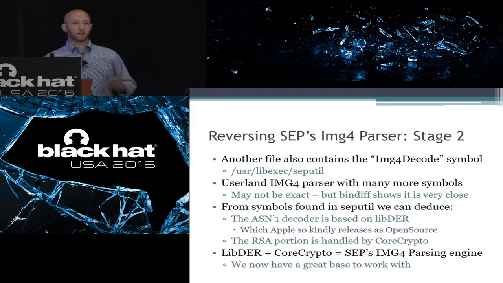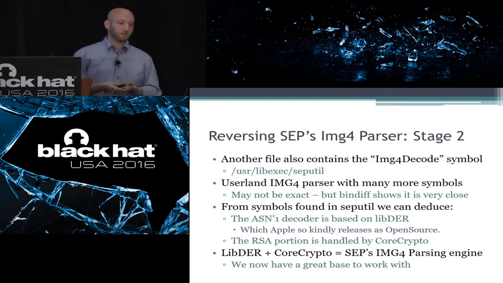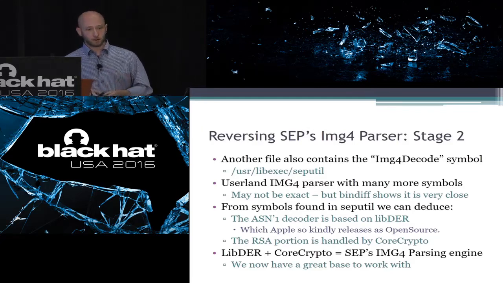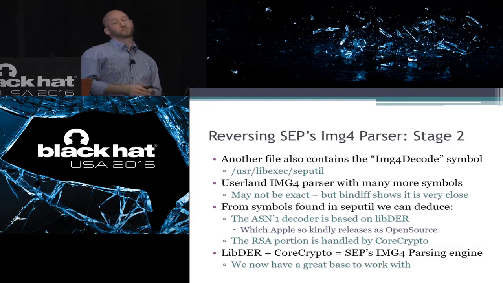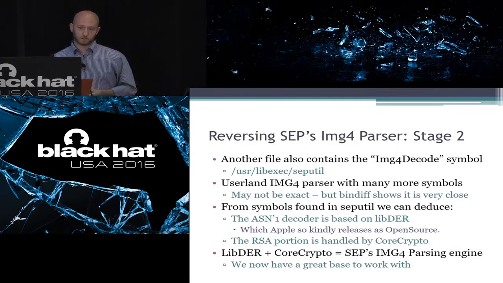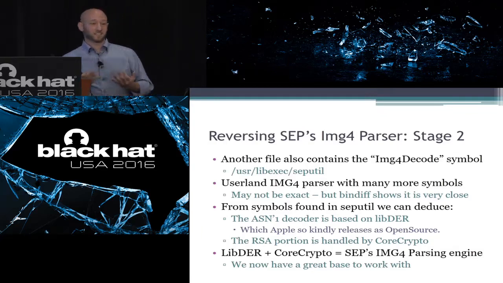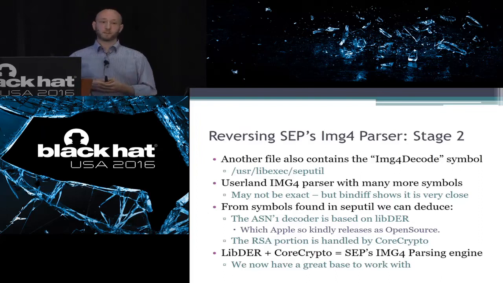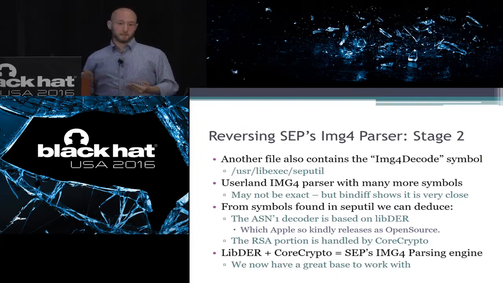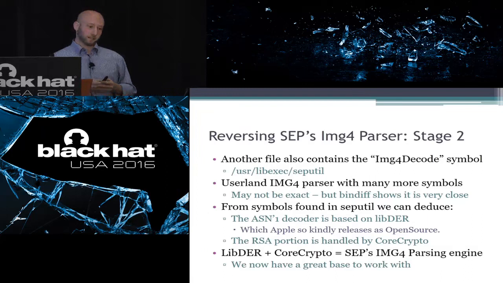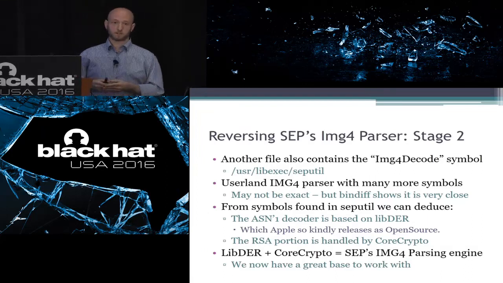So now that we know of this Image 4 decode string, where else can we find it? Well, inside of the SEP util itself, which is used to send firmware, is this symbol as well as a bunch of others. Effectively, it's a full userland Image 4 parser. That gave us a lot of information, and combined with some fun Googling, we found that this is based on the libDER ASN1 parser that Apple actually releases open source.